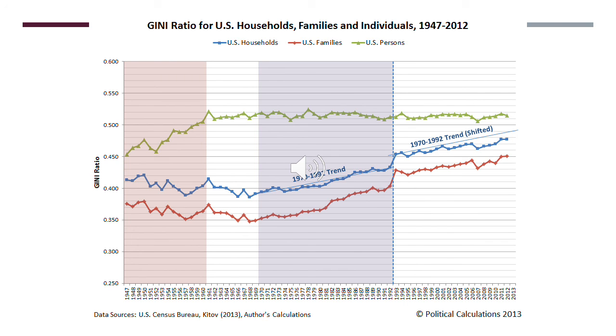So if the highest observed in the world is 6.0, we're at 4.7. That's pretty unequal. Canada is right around 3. As I said, Belgium and Norway are right around 2.5. We're tied with China and doing just a little better than Mexico.